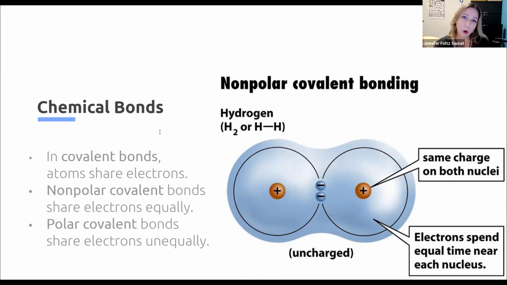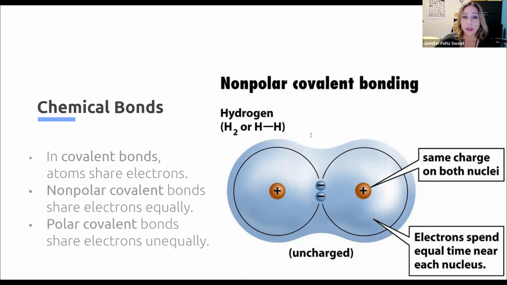Now a nonpolar covalent bond means that the electrons are shared equally around both nuclei. A polar covalent bond means that they are shared unequally. This is a little bit of a complicated concept.